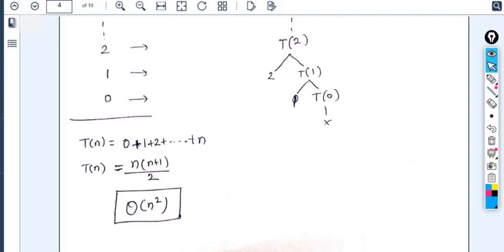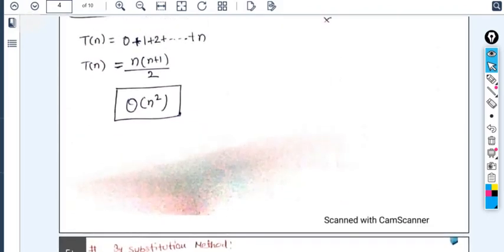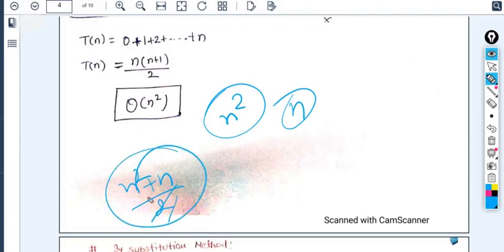So the total time taken is 0 plus 1 plus 2 up to n. We know how to solve this series. That will become n into n plus 1 divided by 2. If you multiply it out, it comes to n square plus n divided by 2. So what is the upper bound here? We have already discussed the upper bound. N square will give a larger value compared to n. So if you are getting n square plus n divided by 2, directly ignore the constant.